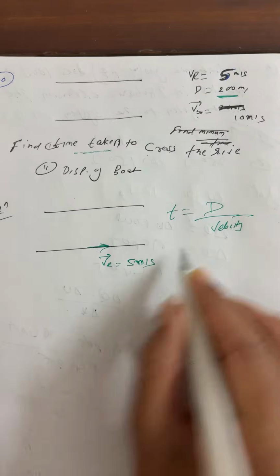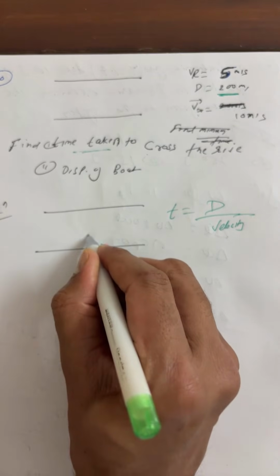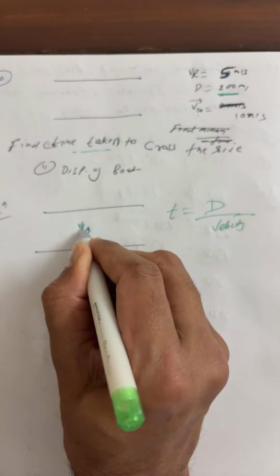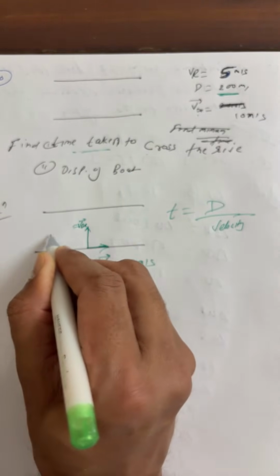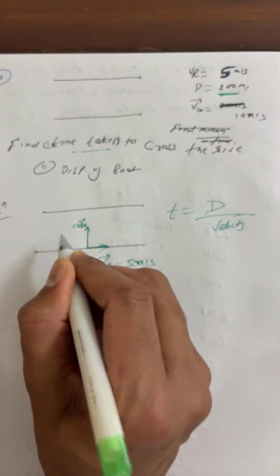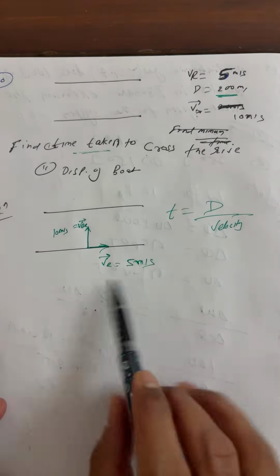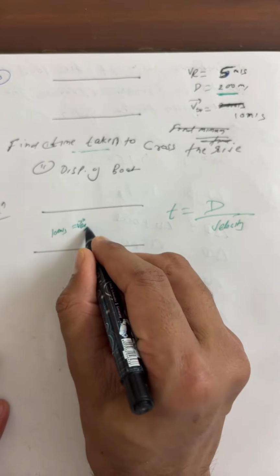To cross the river we have another velocity, this is VBR, how much? This is 10 meter per second. Students, these two are at 90 degrees.